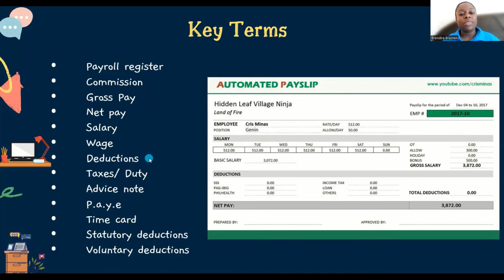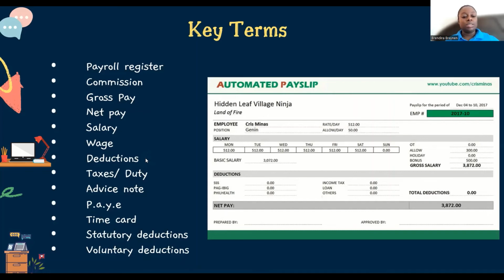Deductions, like I said, are things that reduce the amount of money that they pay you at the end of the day. Let's say you have a bank loan that you're paying off, you have a salary deduction. That means that if you have to pay the bank $300 every month, the company is going to take that $300 out of your pay and not send it to your bank account, but send it to the bank that you have to make the payment to.